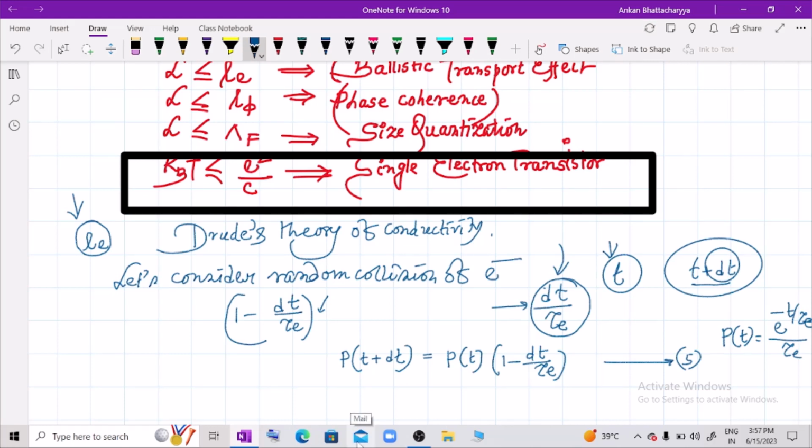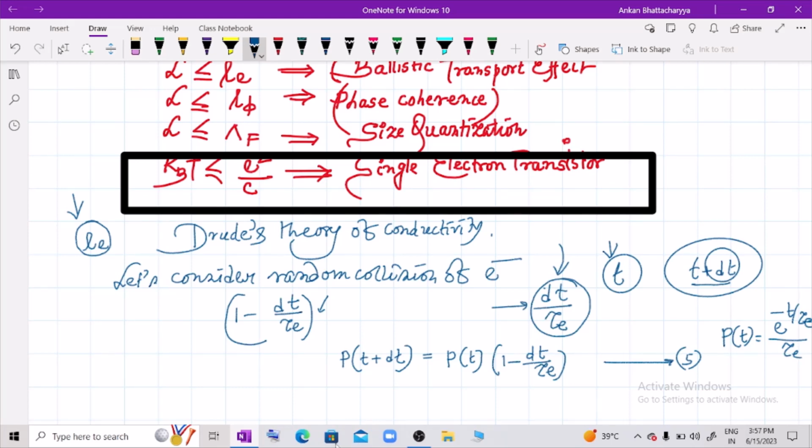From 0 to infinity, if we integrate the P(t) function, it will equal 1 according to the normalization of probability that we discussed in the probability lecture at the beginning of the statistical mechanics. So P(t) is e to the power minus t by tau e, divided by tau e.